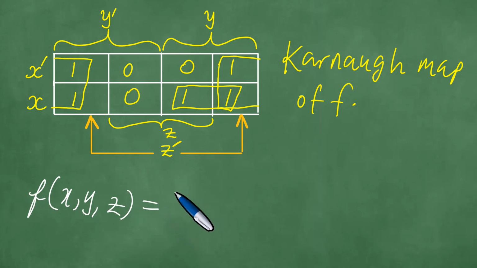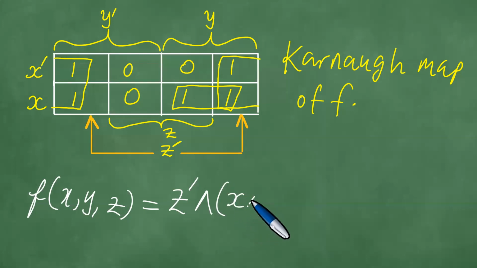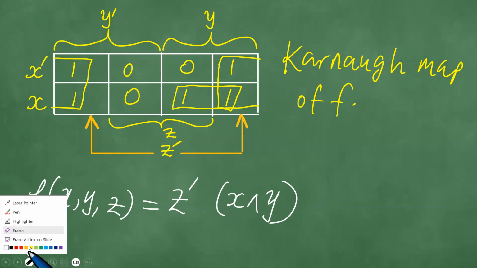this function is Z primed and X and Y. This one is the full Z primed. So it becomes Z primed or X and Y, right?